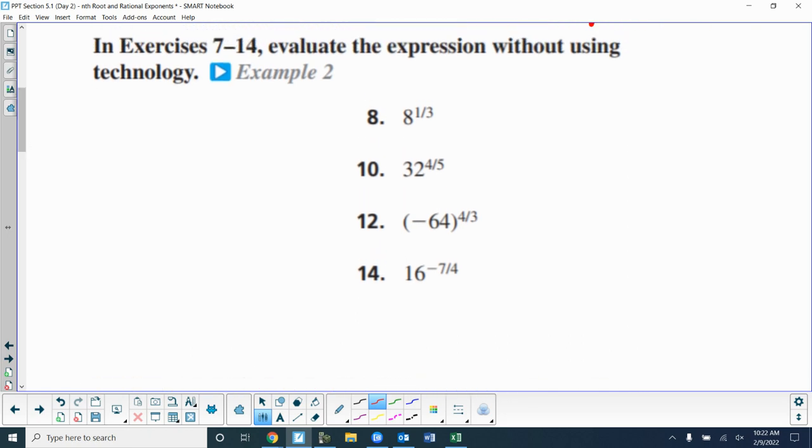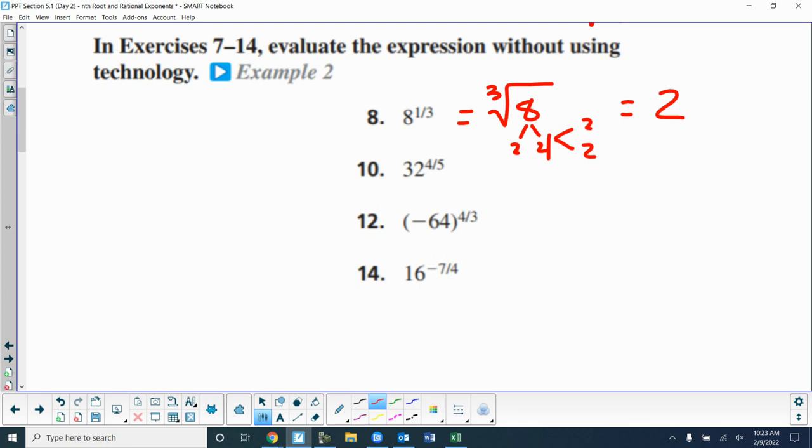It says without technology, right? So this means the cube root of 8, oh, 2 times 4, right? I'm looking for a group of how many? 3. Do I see 3 of something? Yeah. 3 2s, right? So the answer is 2. All right.